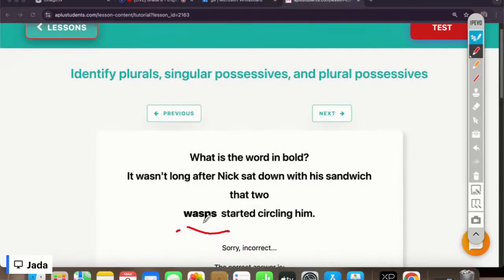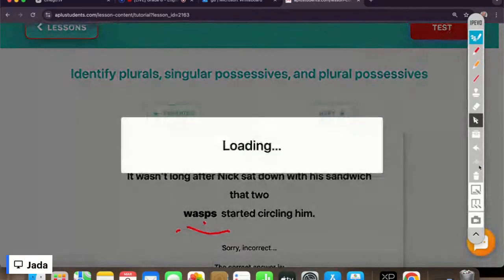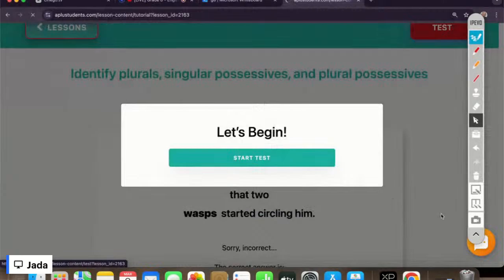So here we have plural nouns, okay? Alright, let's go to the test and you can share your answers with me if you know them, okay?